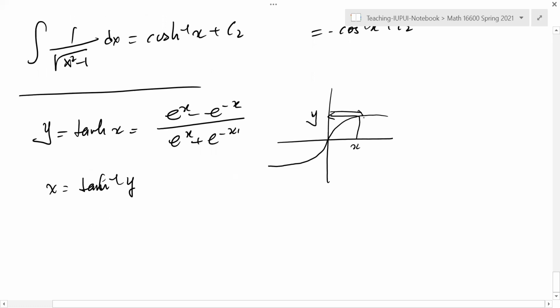So you are able to reverse this procedure to get to the inverse function. This is going to be the inverse hyperbolic tangent x. And actually, you can find the formula.